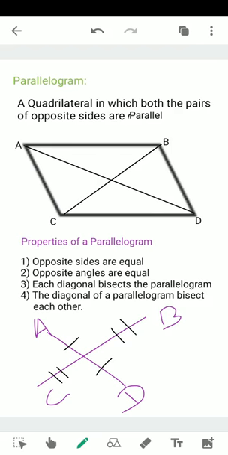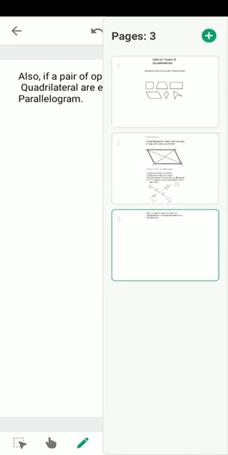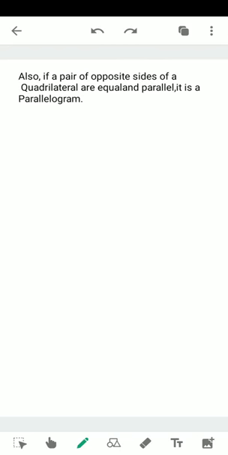Last but not least, one more property reads: if a pair of opposite sides of a quadrilateral are equal and parallel, then with certainty we can say that the quadrilateral is a parallelogram.